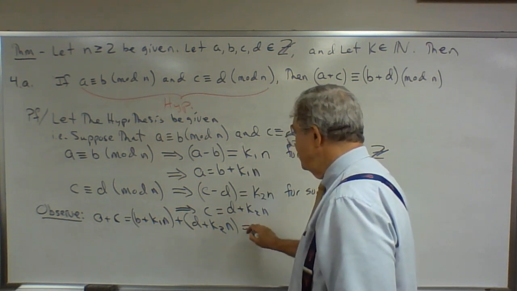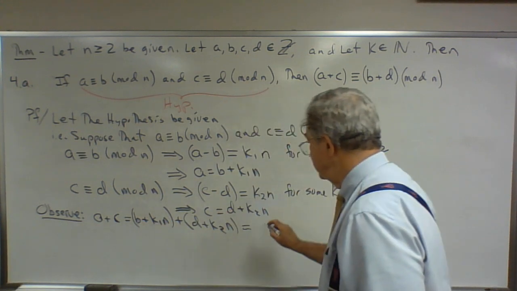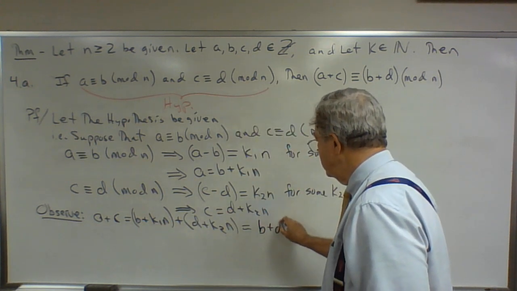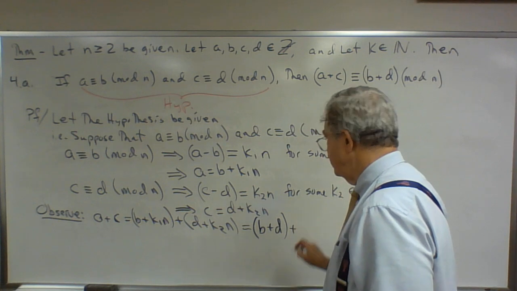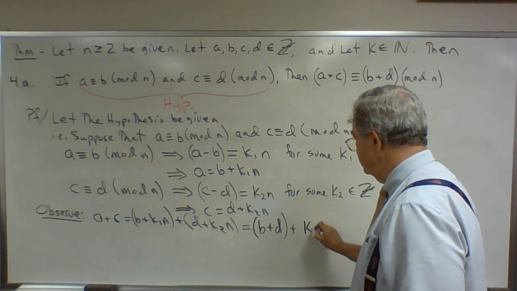And that is equal to B plus D plus k1 n plus k2 n.